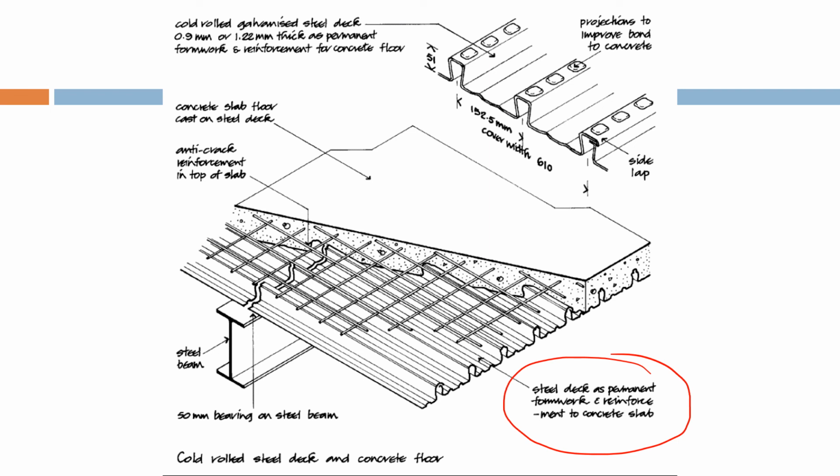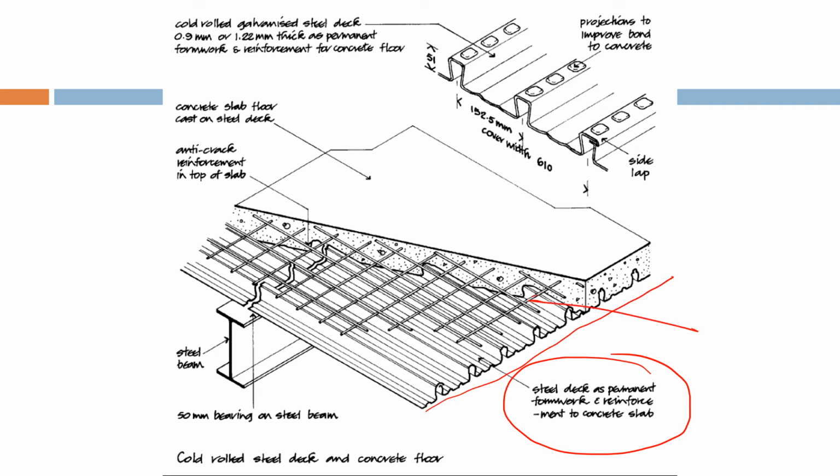You have read and you have understood what formwork is. It is the temporary structure which gives the form to the reinforced concrete that you want to give shape to. So here it is being used as a permanent formwork, which means that you don't take out this decking from under the floor.